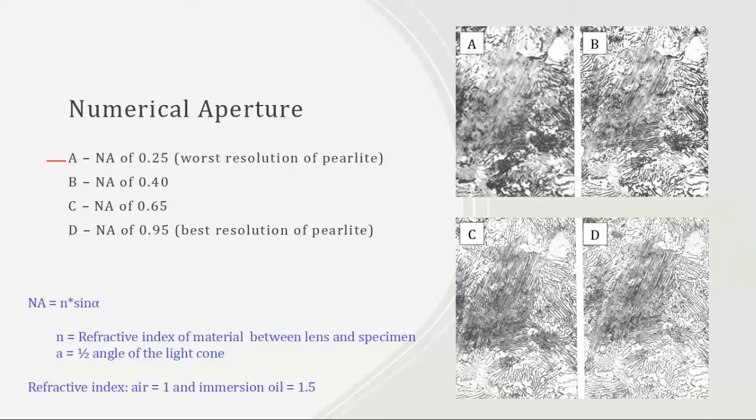But as I increase my numerical aperture and get to image D, you can really tell the difference in the interlamellar spacing of pearlite. That would give you the best resolution of pearlite.